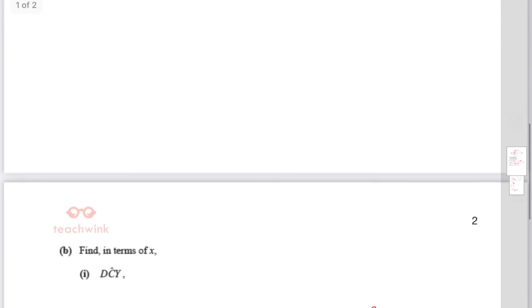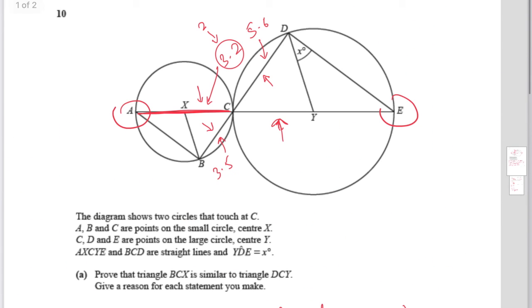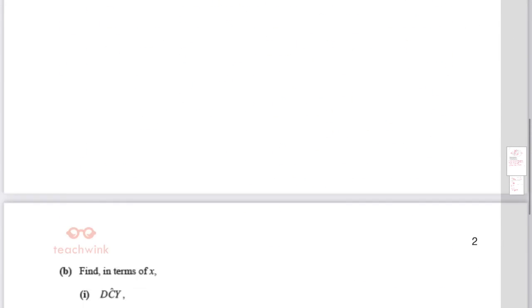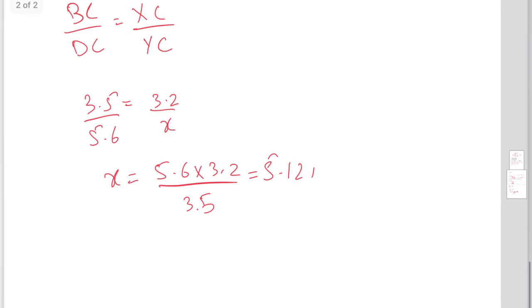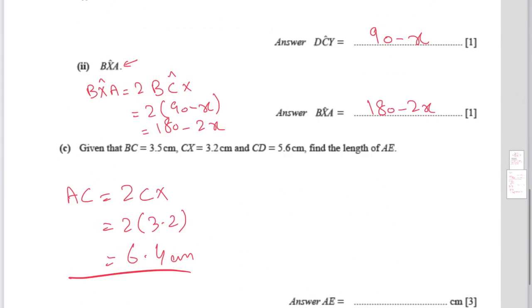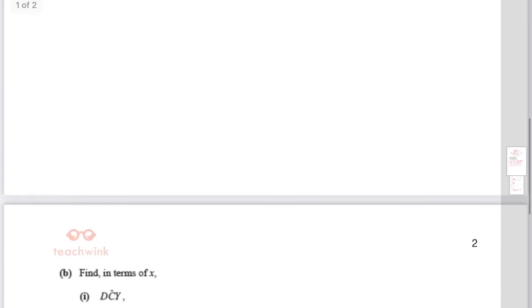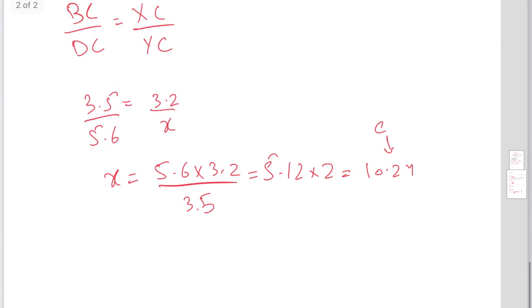This comes out to be 5.12. Now we have this length over here. This is 5.12, which is the radius of the larger circle. So we multiply this by 2, and we get 10.24, which is the length of CE.